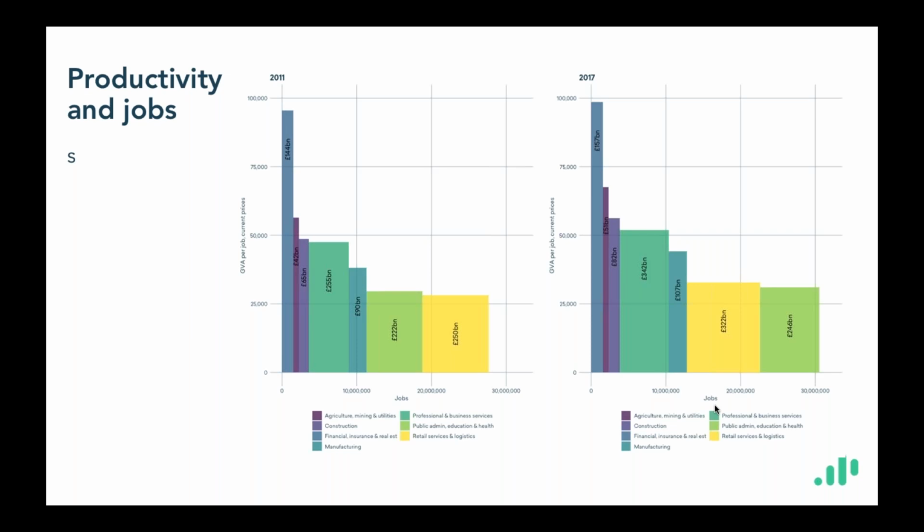Also, it's interesting to look that over this time period, if we look over to the right-hand side, you can see that retail services and logistics overtook public administration, education, and health. Obviously, we've seen significant changes within public administration, but still that change is quite an interesting one to capture there.